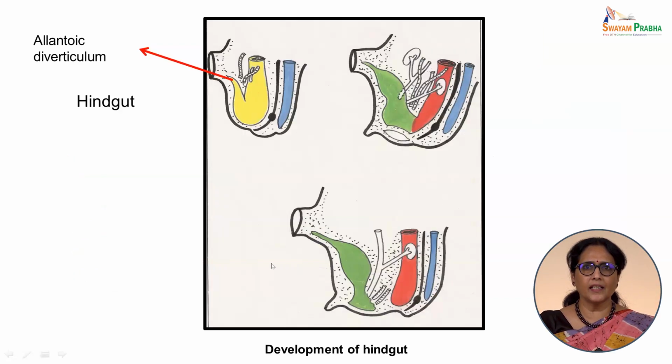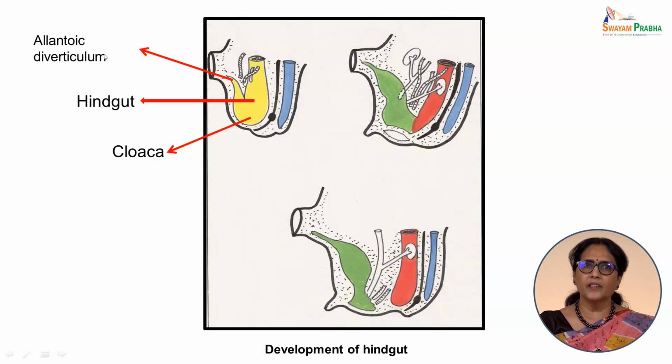Let us look at this illustration of hindgut to understand how the hindgut is subdivided. This is the hindgut as we have seen earlier. The terminal expanded part of the hindgut is called as the cloaca after it receives the allantoic diverticulum. The allantoic diverticulum is developed when the embryo is in the germ disc stage.